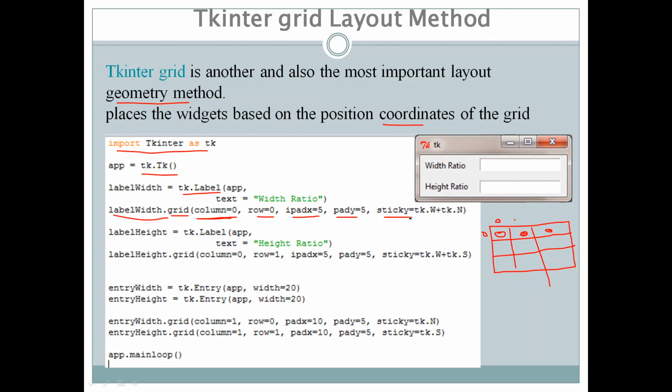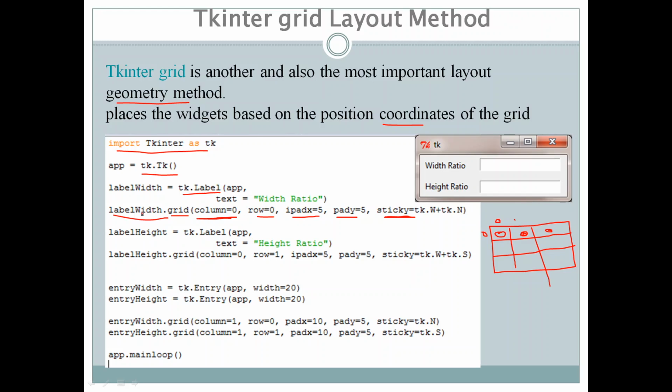And we have also used one more parameter here, that is sticky. Sticky parameter is equal to tk.W plus tk.N. W here represents west and N represents north. So what is that sticky? We will study. But right now just concentrate on this column 0 and row 0.